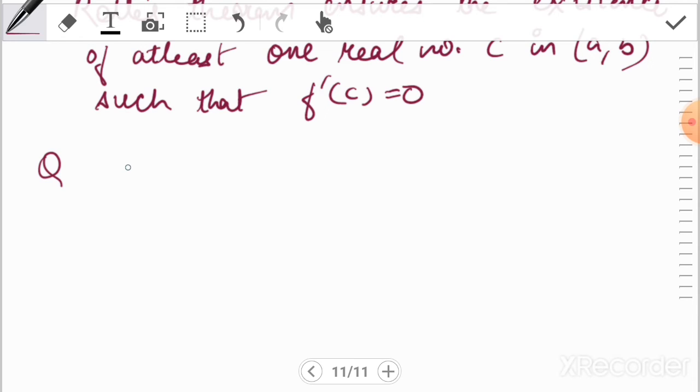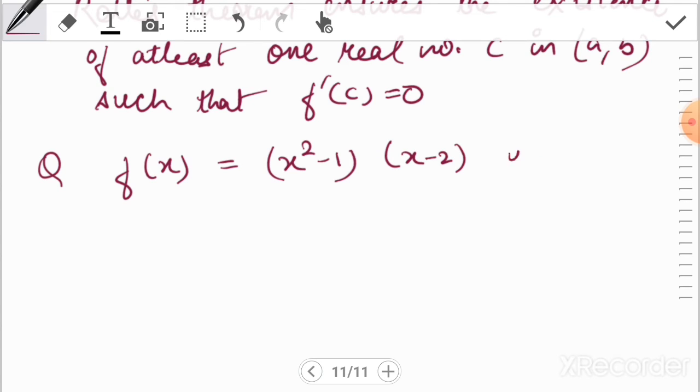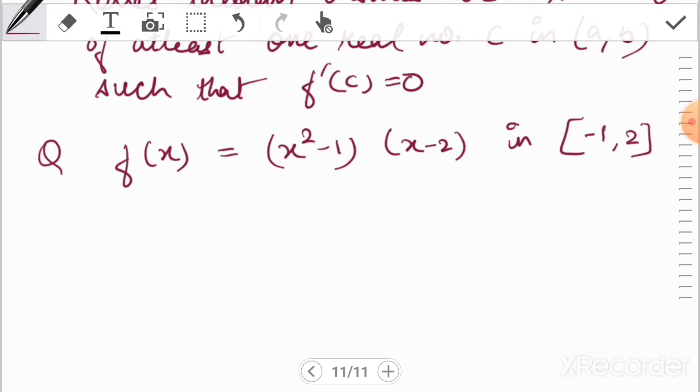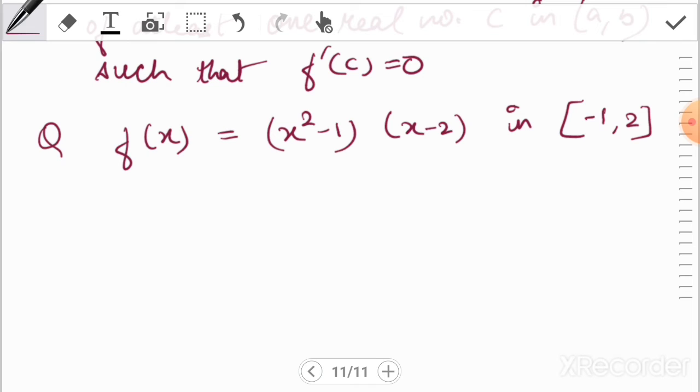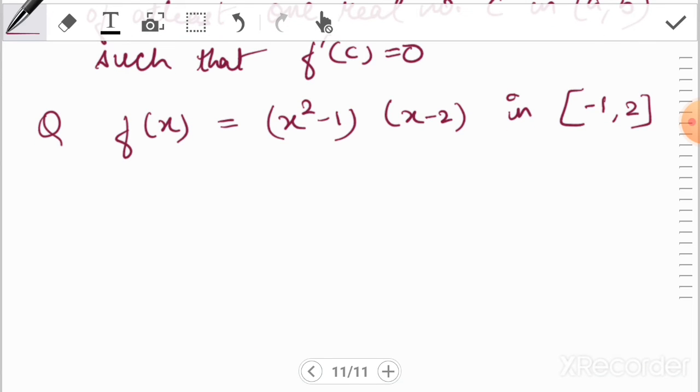Let us understand this with an example. Let us say we have f(x) equals (x square minus 1)(x minus 2) in the closed interval [-1, 2]. Since f(x) is a polynomial function, and every polynomial function is continuous, this is continuous in [-1, 2]. First condition satisfied.